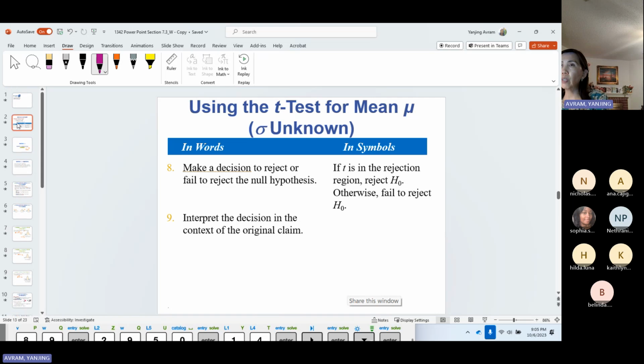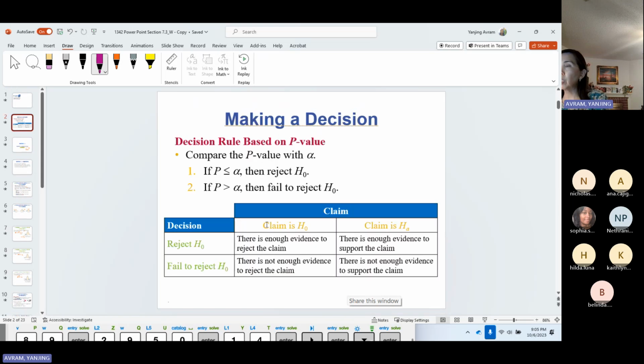Look at this one right here. Your claim is in the null, and then we reject the null, so that means we have enough evidence to reject this claim.